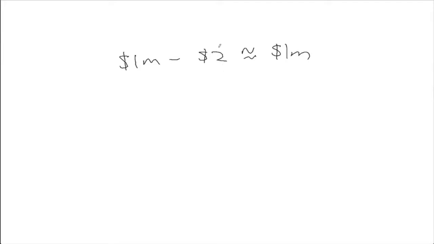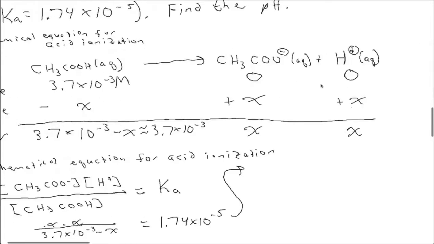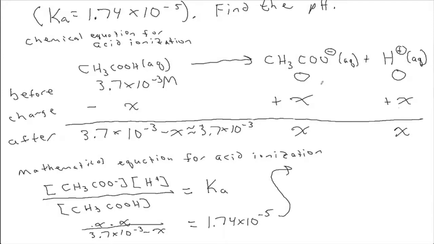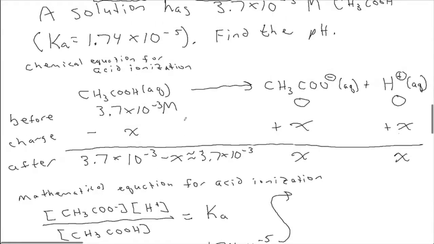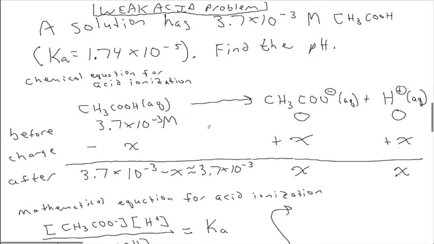Who cares about the $2, right? This number is so much smaller than the 1 million, it's negligible. So if you were a millionaire and you spent $2 on a candy bar, you would hardly even notice it. It's the same deal with these weak acids: only a small fraction is going to react. So how much of the weak acid did we start with?